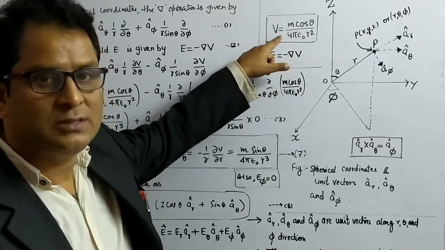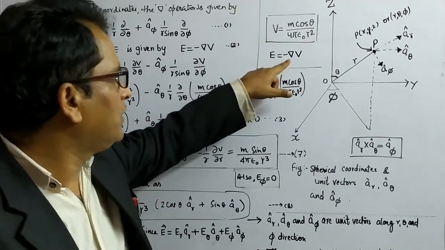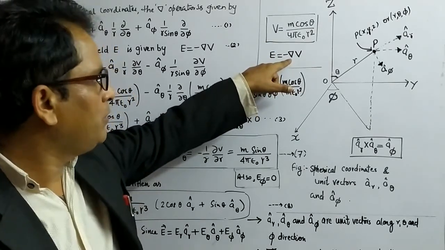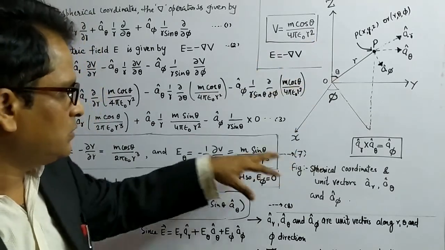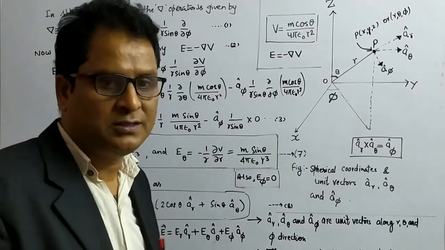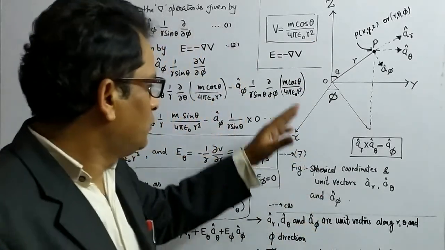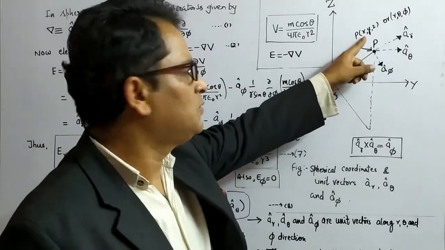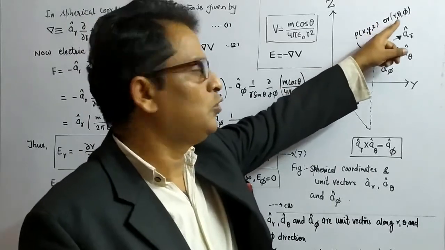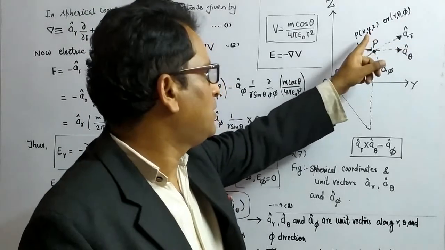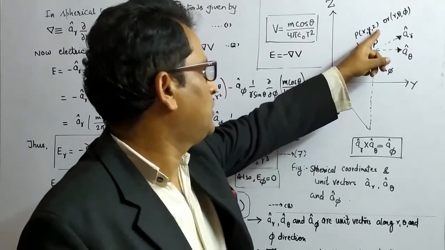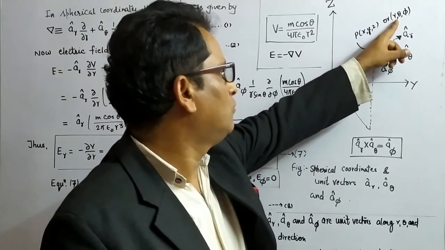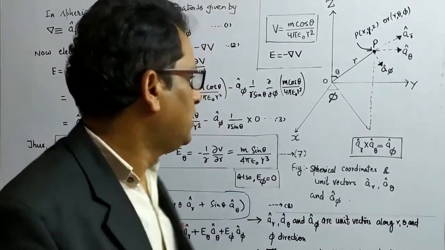For V, we can use this expression, but for del we shall be using the relation in the spherical polar coordinate system. In spherical coordinate system, any point P can be written in terms of Cartesian as well as polar coordinates. In Cartesian you have x, y, z, and in polar you have r, theta and phi.